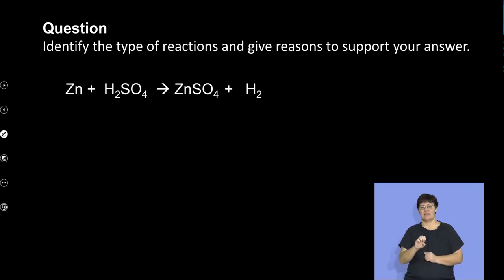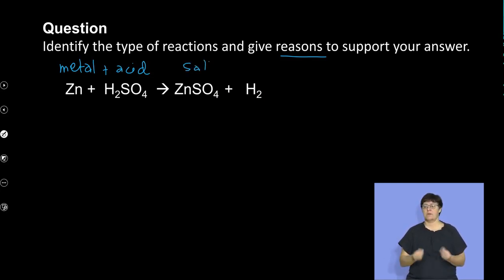Right. Now, we've got another type of reaction, and we also want to think about the reason why we would classify this reaction as a specific type. So this is a reaction between a metal and an acid. We are getting a salt plus hydrogen gas.